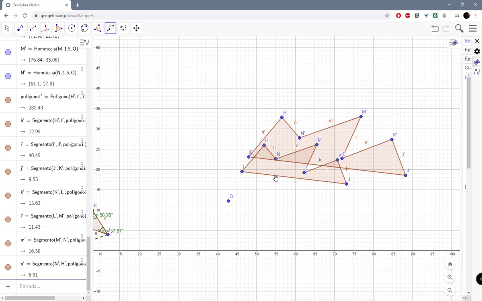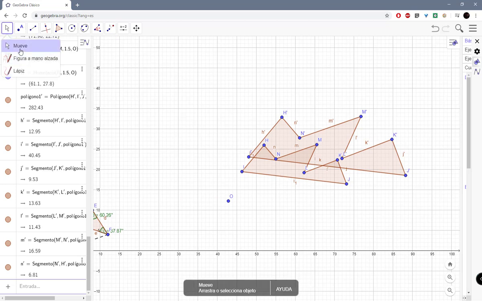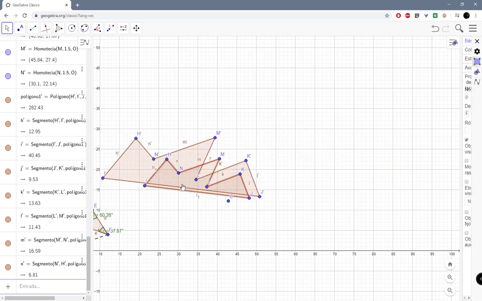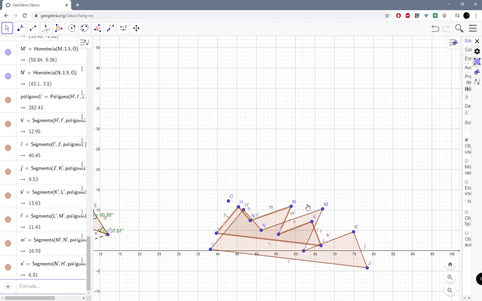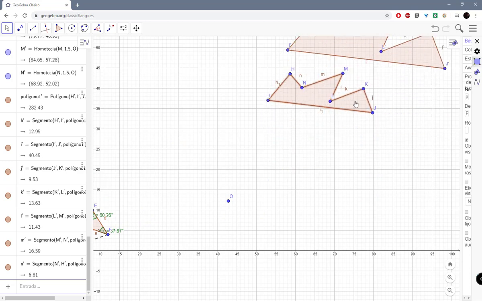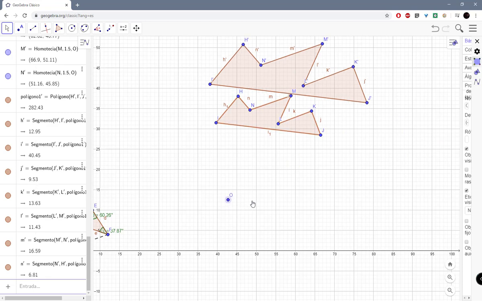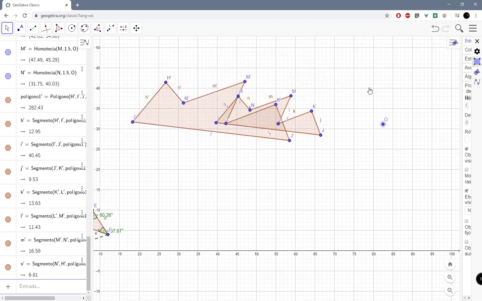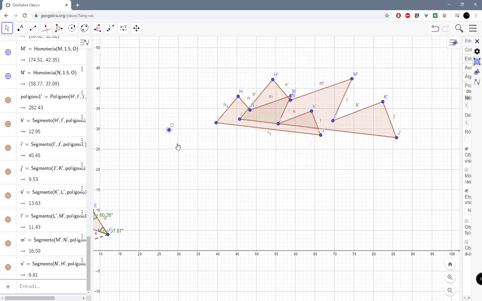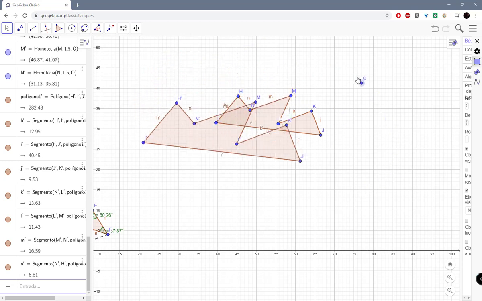Let's see. Okay, look, we created a new figure, and if I move this one, you see that the other one moves along with it. Okay, because it is like casting the shadow. If I move the point, also the image moves because it's like moving the light.